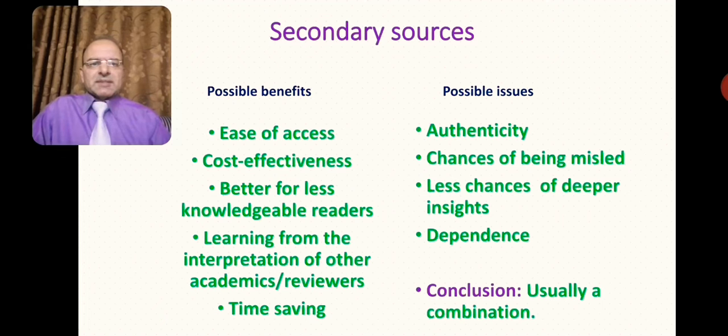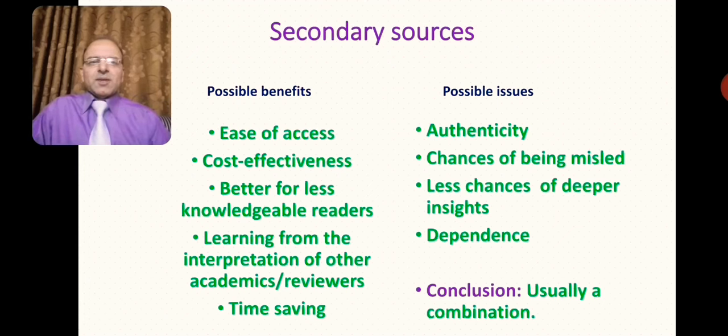There are chances of being misled, and fewer chances of deeper insights. Because you are not going to the primary sources in more depth, you might have less deep insights, and you are depending on others. So these could be possible issues.